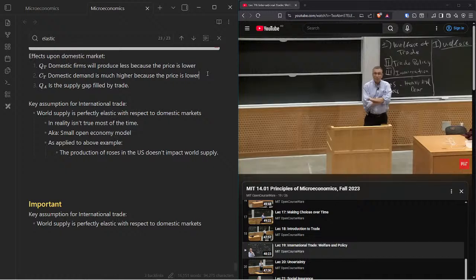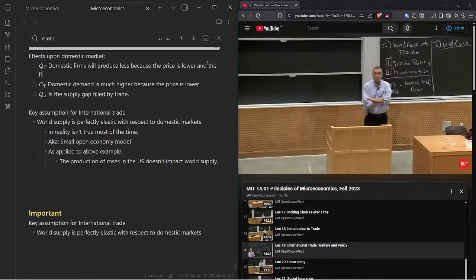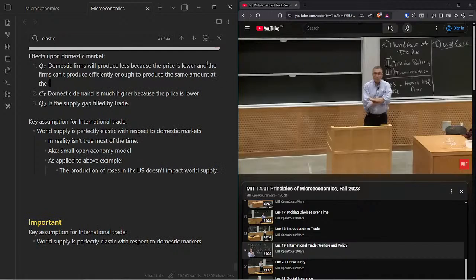Domestic demand is much higher because price is lower, and the firms can't produce efficiently enough to meet the new demand at the lower price.